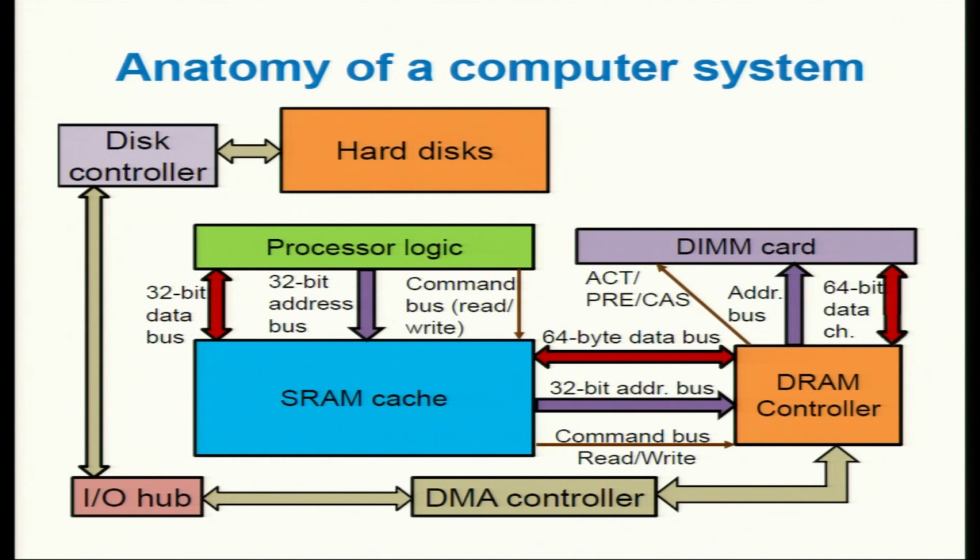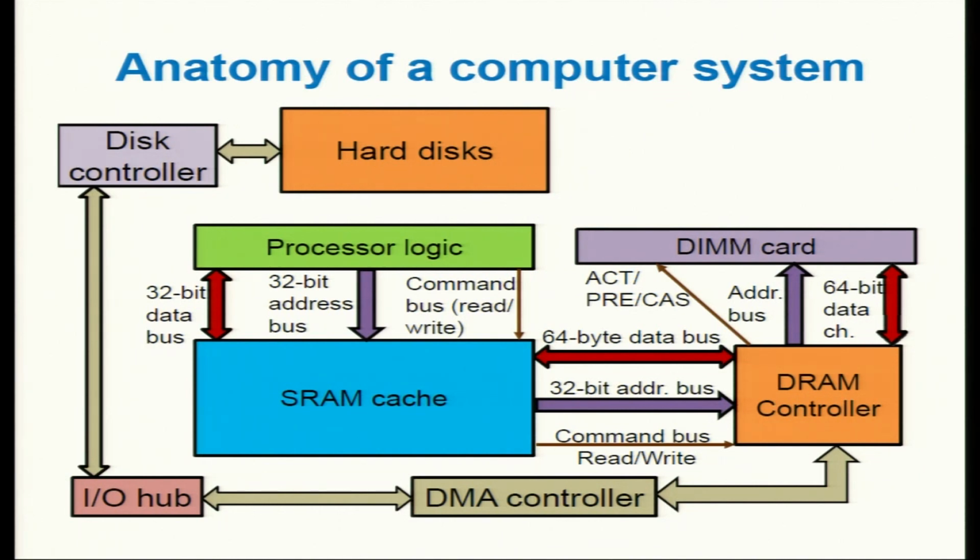So that's more like an I/O controller, which will decode which I/O device you're talking to and so on. I show the disk only here. It will connect to many other things like your DVD reader-writer, keyboards and all these things. So hard disk controller, I/O hub, and then there is something called the DMA controller, which helps the CPU transfer data from I/O devices to main memory. It stands for direct memory access. We'll talk about that a bit.